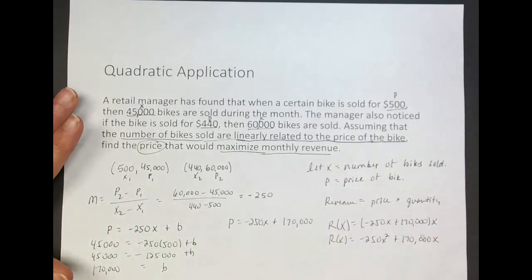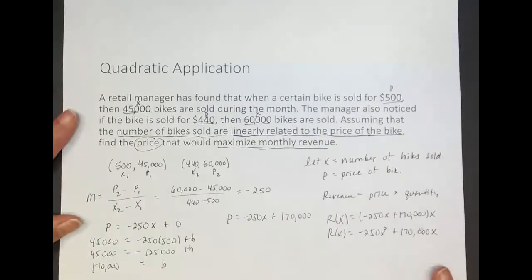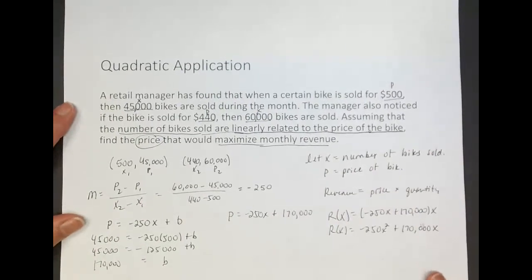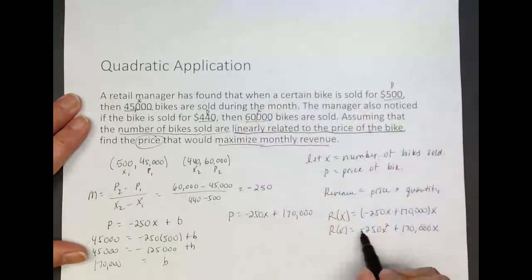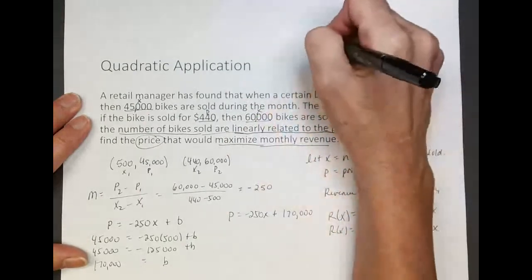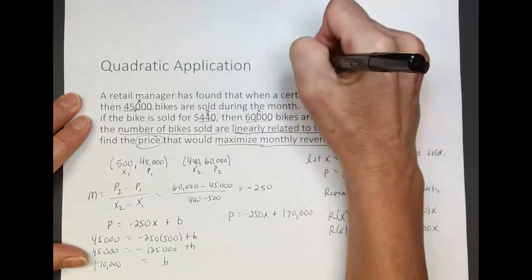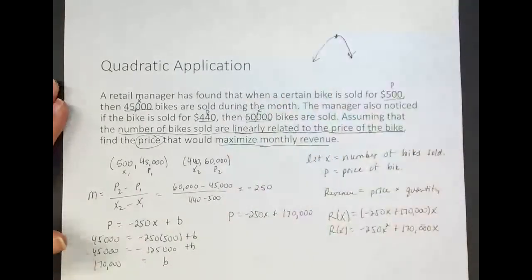There's the quadratic function that I was looking for here. Now I can find a maximum on that quadratic function, but because it's negative, it's transformed, it's like this. Maximum is going to occur at that vertex, isn't it?